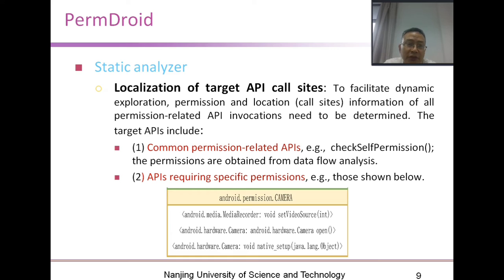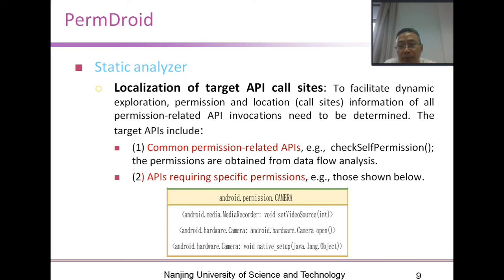The first one is common permission-related APIs. For example, checkSelfPermission. For this kind of permission-related APIs, we should determine the permissions behind these APIs from data flow analysis. And the second kind is APIs that require specific permissions.